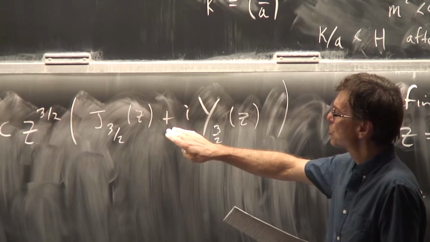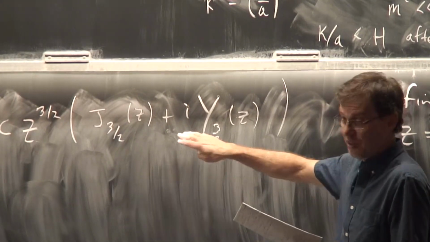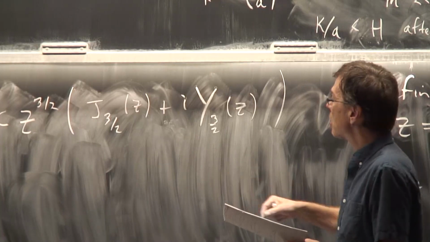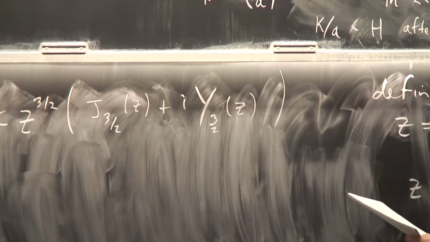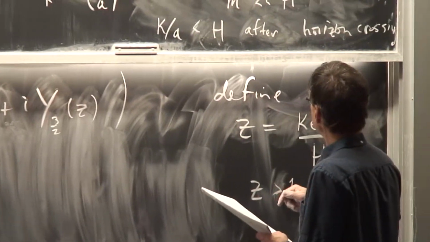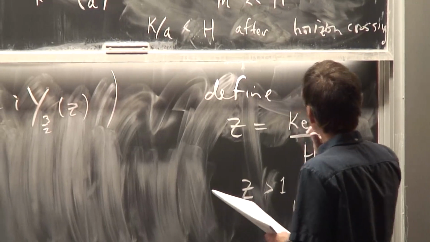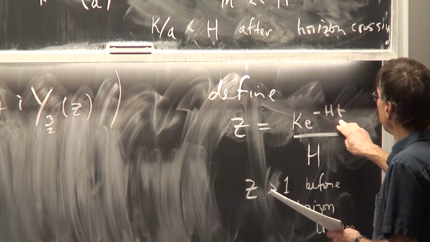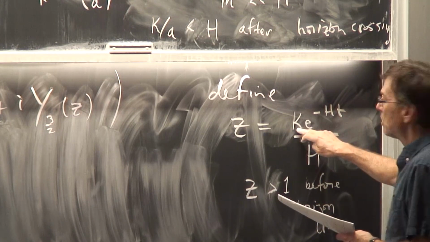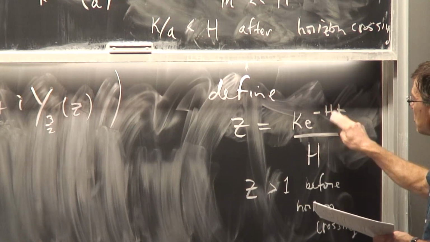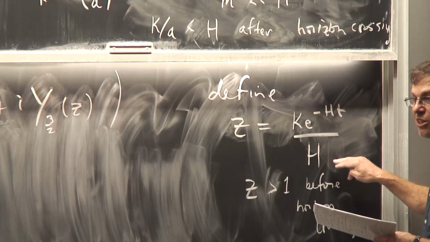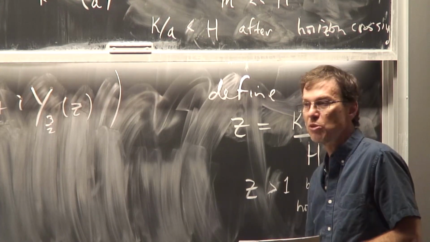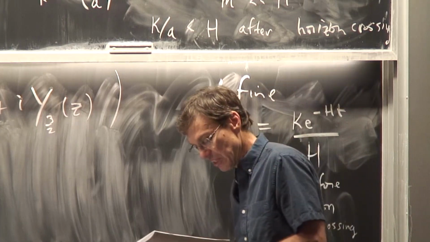You'll see I've chosen this linear combination so that it will correspond to the usual Minkowski space solution when we go to very early times. At very early times, physical k is becoming big compared to H. It means that the effect of H should be negligible, and we can think of it as being like Minkowski space.